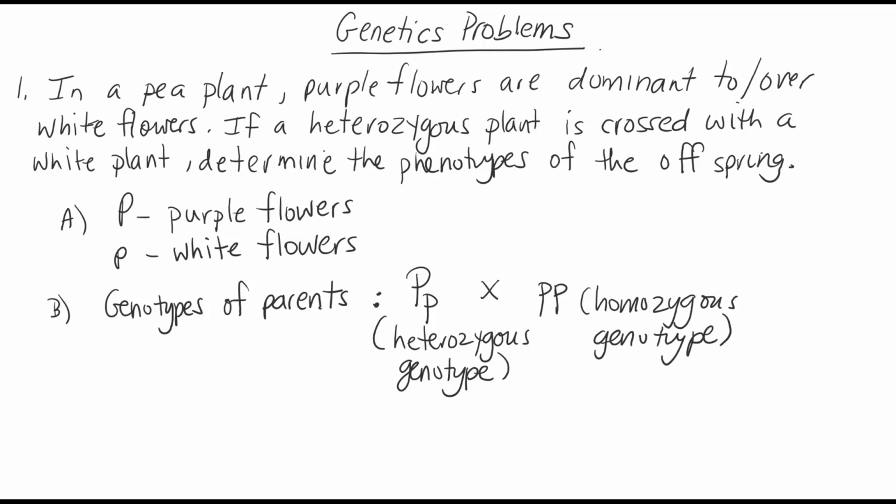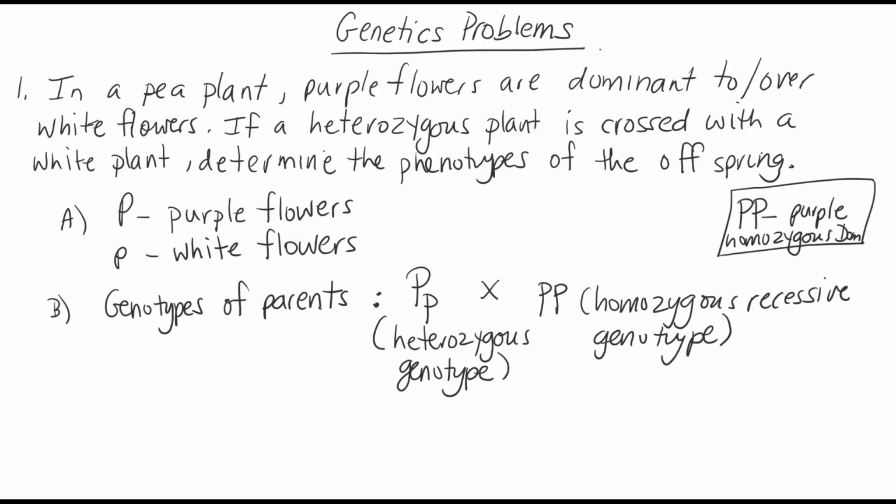Okay, and just a side note over here, big P would also be purple. And this is your homozygous dominant genotype. I should actually add this homozygous recessive genotype for that.